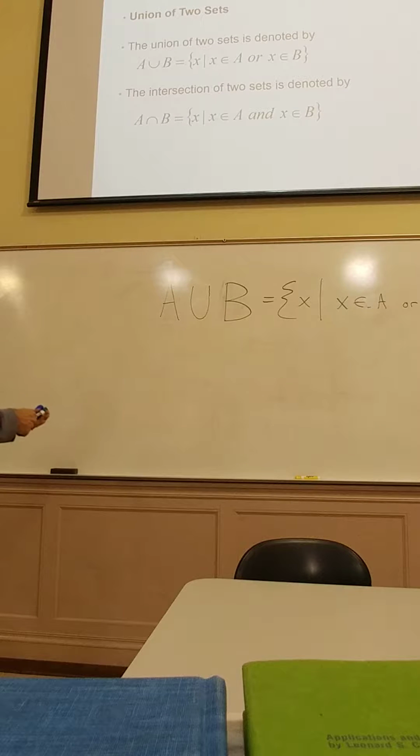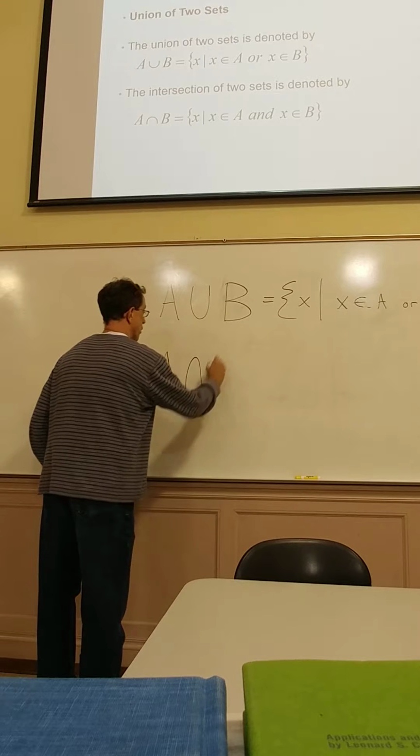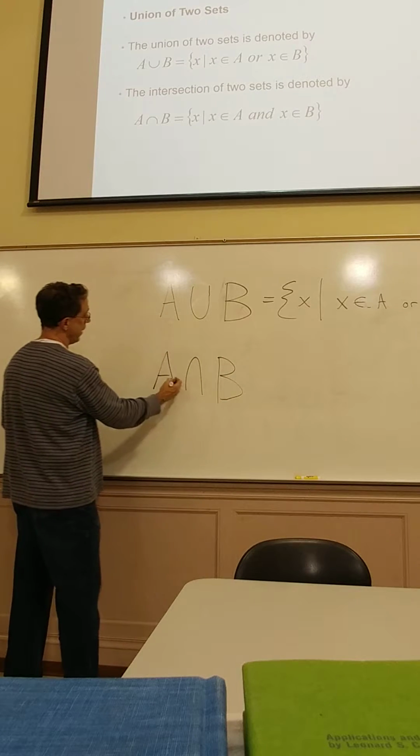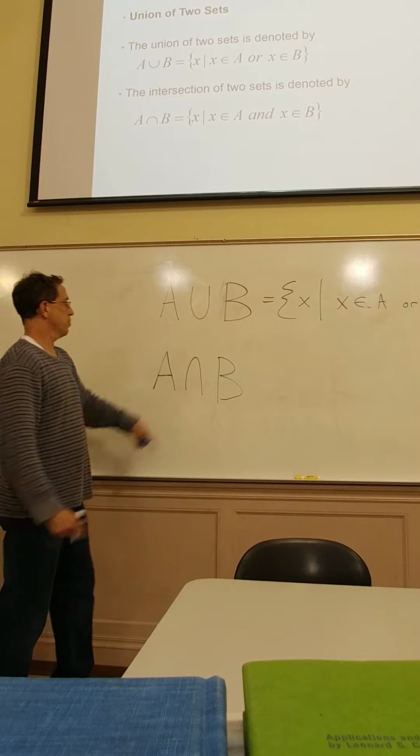However, with the intersection, that is true. We use AND. The upside down U is intersection.